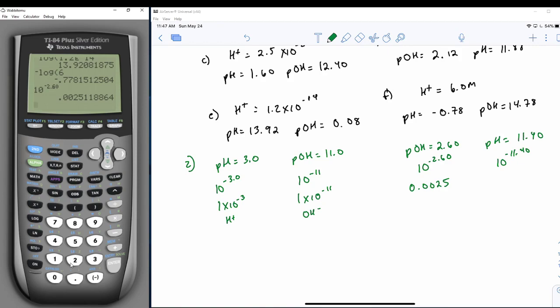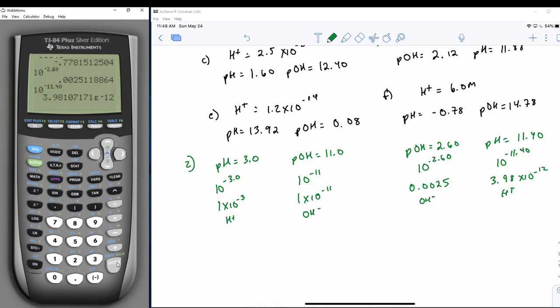And then you do the same thing with your pH, and it's 3.98 times 10 to the negative 12 for your OH and your H plus.